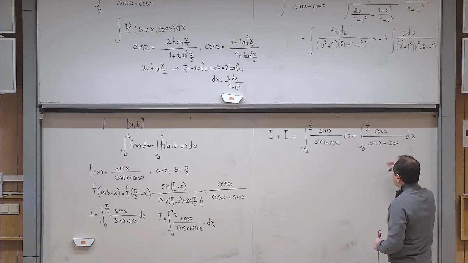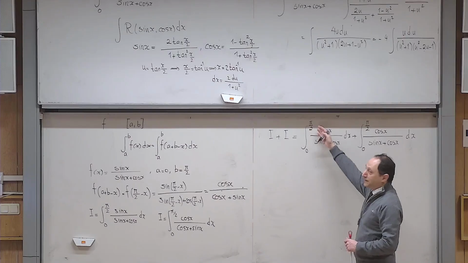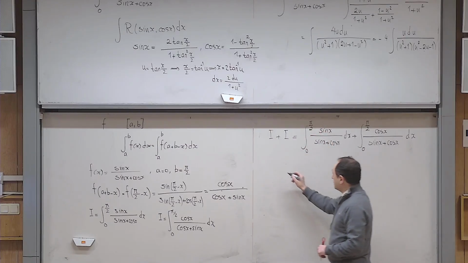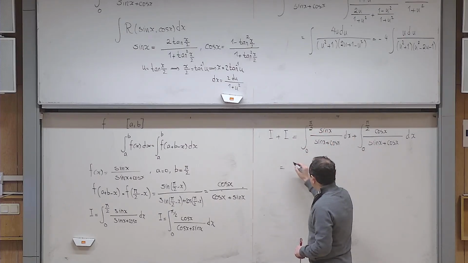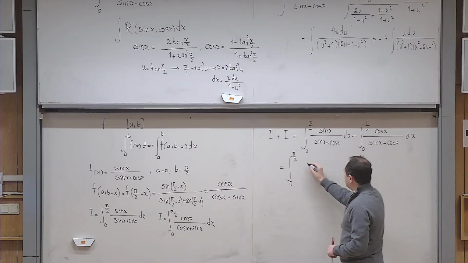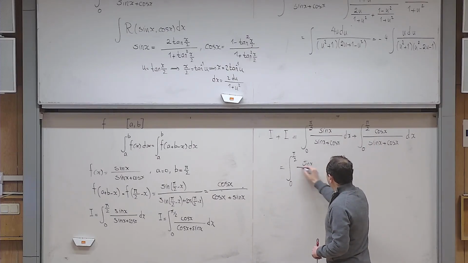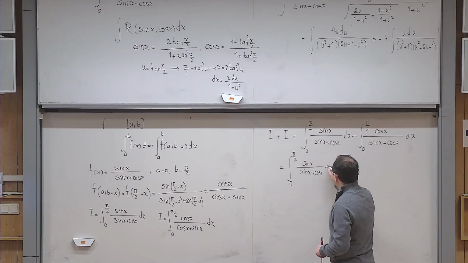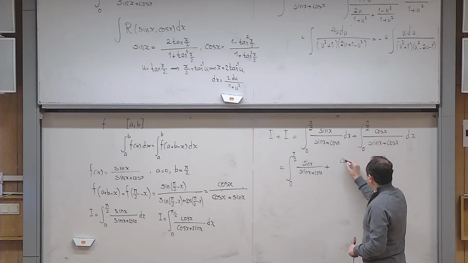But we know that if I have two integrals with the same interval of integration and I want to add them, I can write one integral and add the integrands. So then it becomes sine x over sine x plus cosine x, and then plus cosine x over sine x plus cosine x.